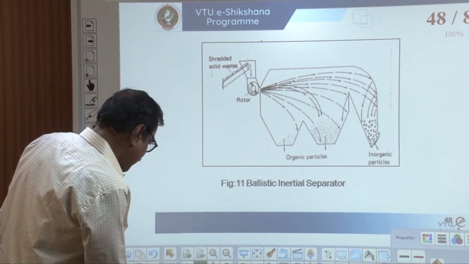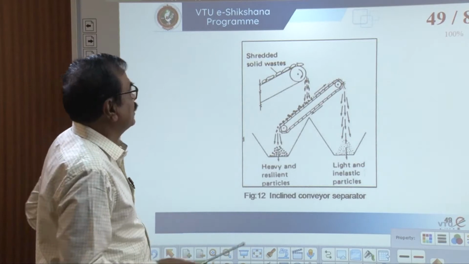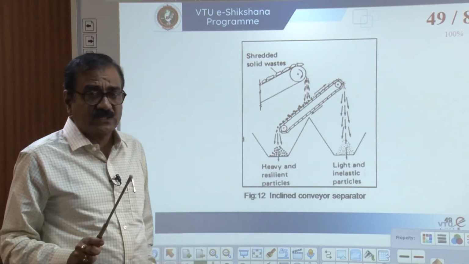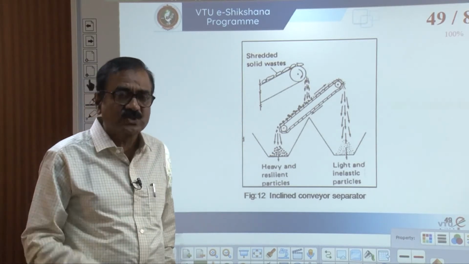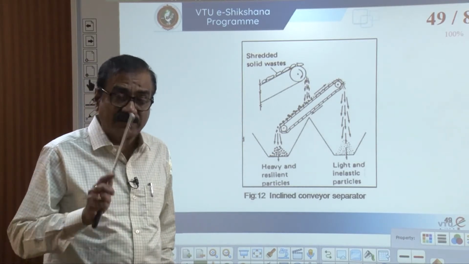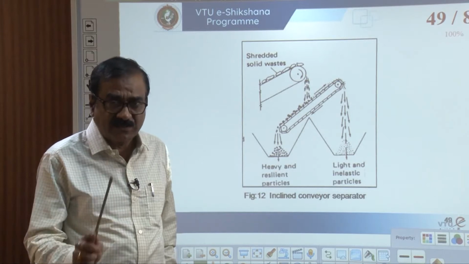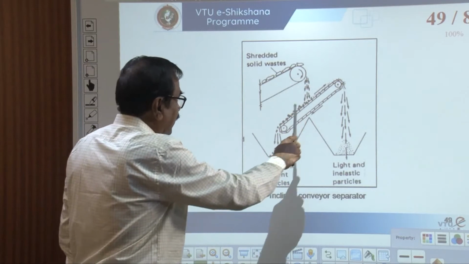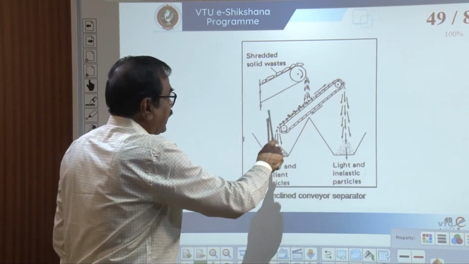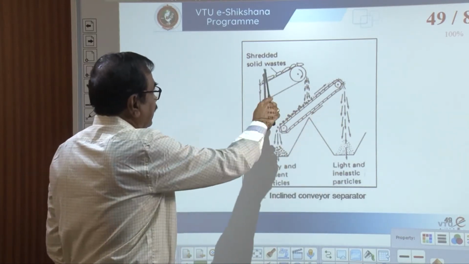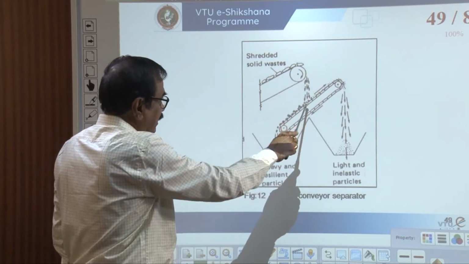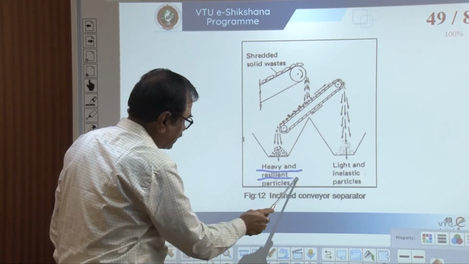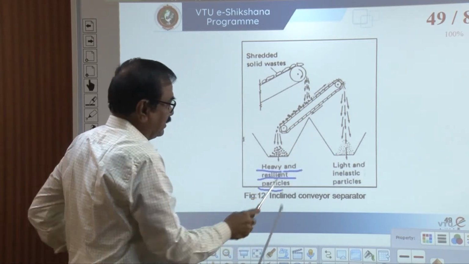There is another figure. This is also for shredded solid waste. Remember, not general solid waste. Inertial separation is used for shredded solid waste. This is the basic difference. The waste enters here, and this pulley is rotating like this. When the shredded solid waste falls, all the heavy and resilient particles are collected here because of gravity.